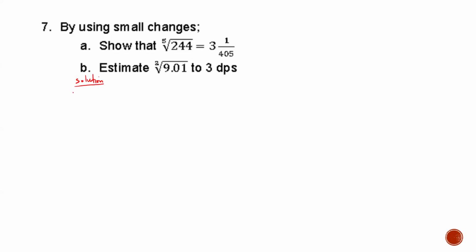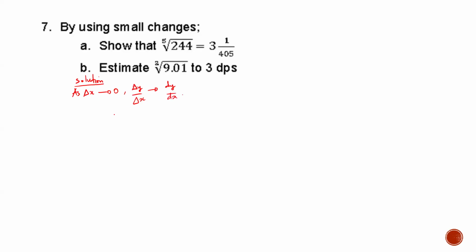Small changes all starts from this, that as delta x tends to 0, then change in y over change in x tends to dy/dx.